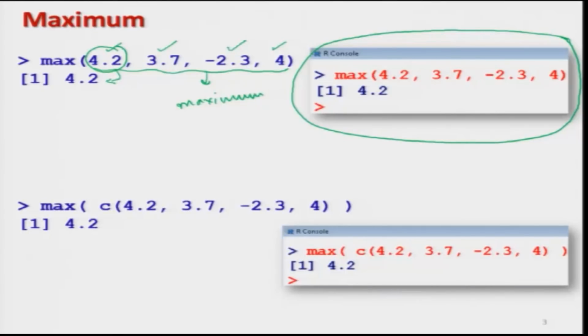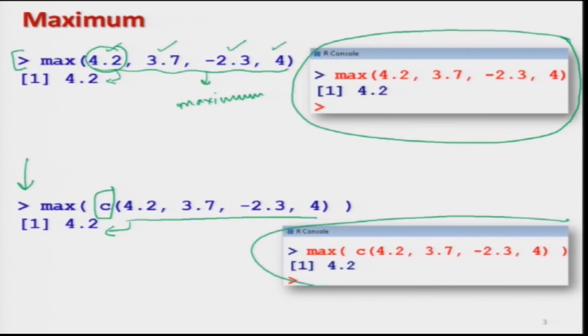In the second case I am finding the maximum among the same set of values, but here I have used the C command. So here I am combining the data using the C command for these 4 values 4.2, 3.7, minus 2.3 and 4, and here also I get the same outcome. And here is the screenshot of this.